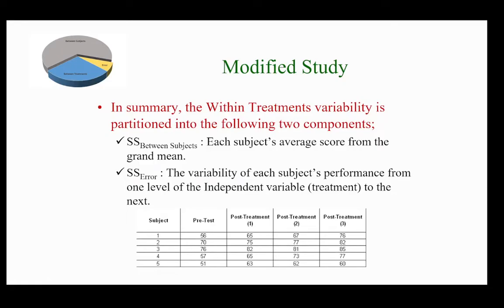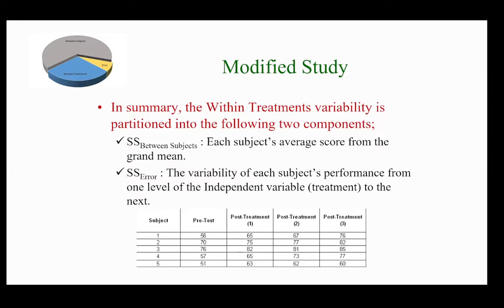Now, my within treatments variability is broken into 2 sums of squares. The between subjects, that being how people do on average, basically their baseline, and then my true error, the random noise that's in my study. So the within treatments breaks into SS between subjects and SS error. So now I've got really 4 sources in my analysis of variance.